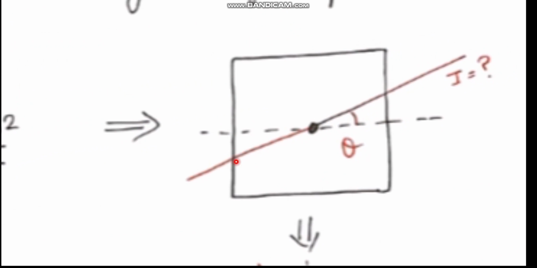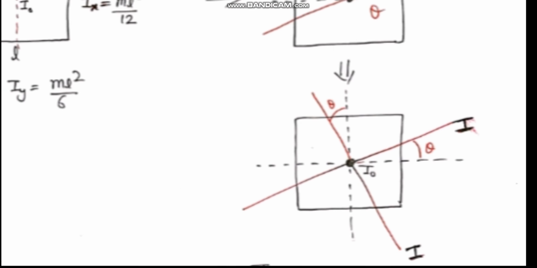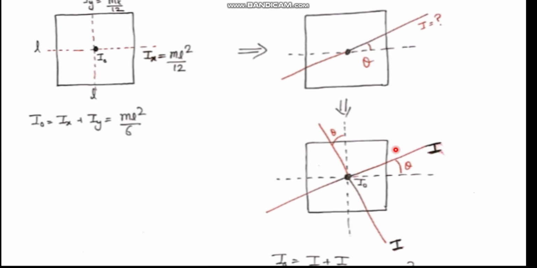Now suppose in this plate I have an axis which passes through the center, but it is making angle theta with this line. To find this, this is the square plate, and this is the moment of inertia which I want to find. I can draw a similar axis over here. This is the x-axis, this is the y-axis. For a square plate, x and y are identical to each other. So if I have this axis making angle theta with the x-axis, I choose another axis which also makes angle theta with the y-axis.